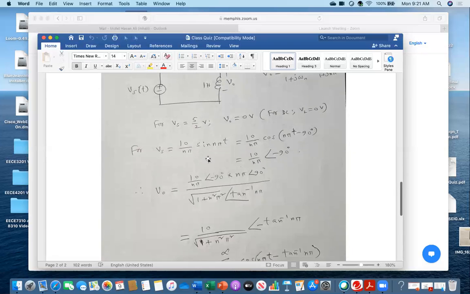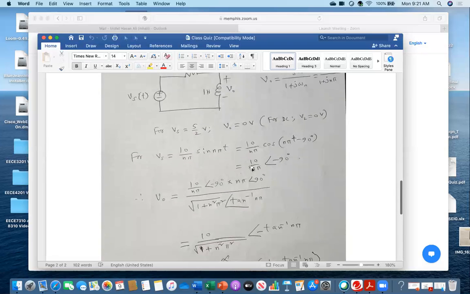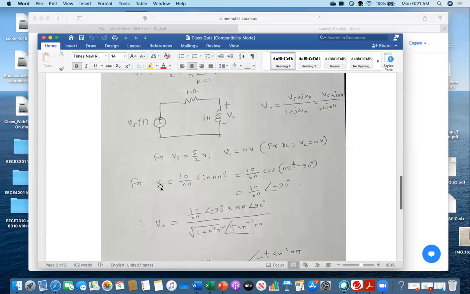Okay, so everybody, I think I talked about this. I expressed this in phasor form, and then again I am plugging in this number. For Vs, this one here, my V naught, 10 over n pi at this angle, and j n pi, I wrote n pi at an angle of 90. That is the meaning of j n pi. And then in the denominator, 1 plus j n pi, so magnitude is root of 1 square plus n square pi square.